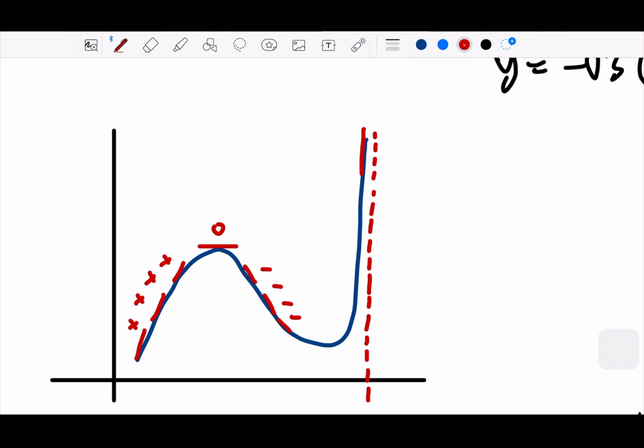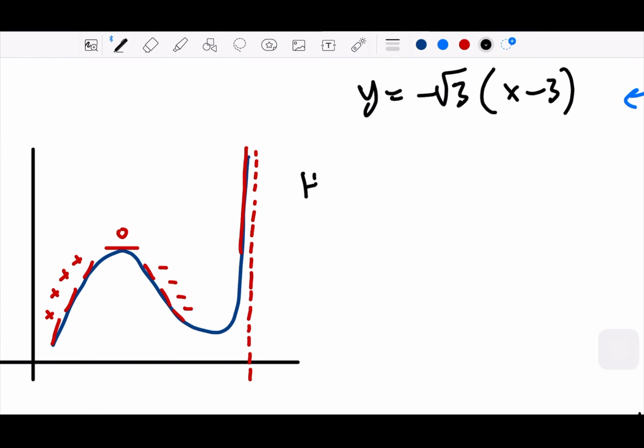And what about this one? If we want to observe the slope, let's imagine that we have an asymptote here. So we say the slope is getting infinite. We know that this is horizontal and this is vertical. So we can say the tangent is horizontal when the slope is 0, and it's vertical when the slope is undefined.